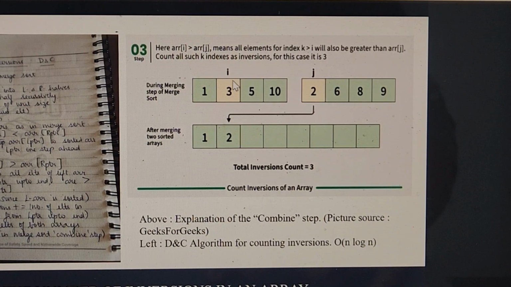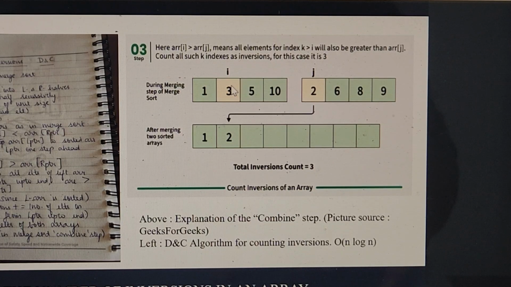When you compare the left and right and the left is greater than the right, you notice that it is an inversion, right? As of now you see that i comes first and j comes later, but the element at i happens to be greater than the element at j. So that is how we had defined an inversion.